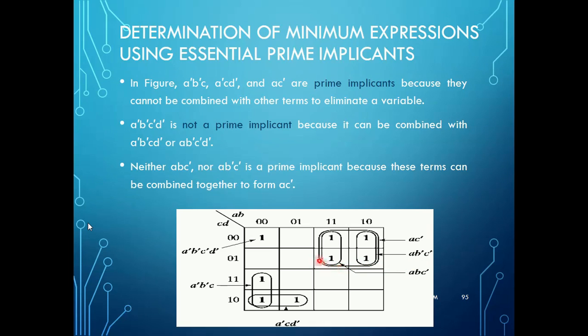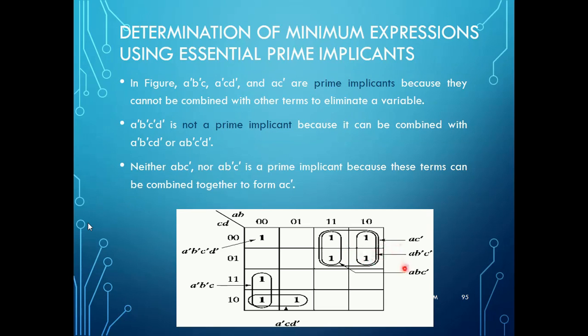Usually you don't encircle in this manner. Pairing we don't use if we have adjacent ones in this manner, because four ones are all together. So this is not a prime implicant. Here also, this is not a prime implicant because these terms can be combined together to form A C bar.